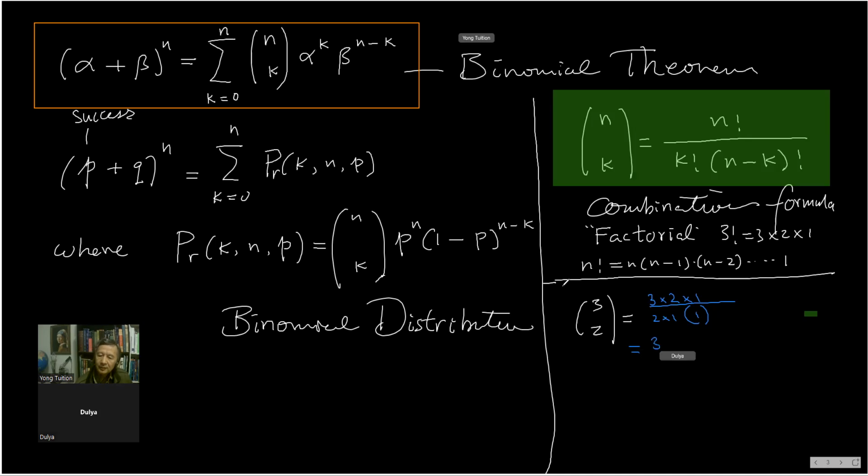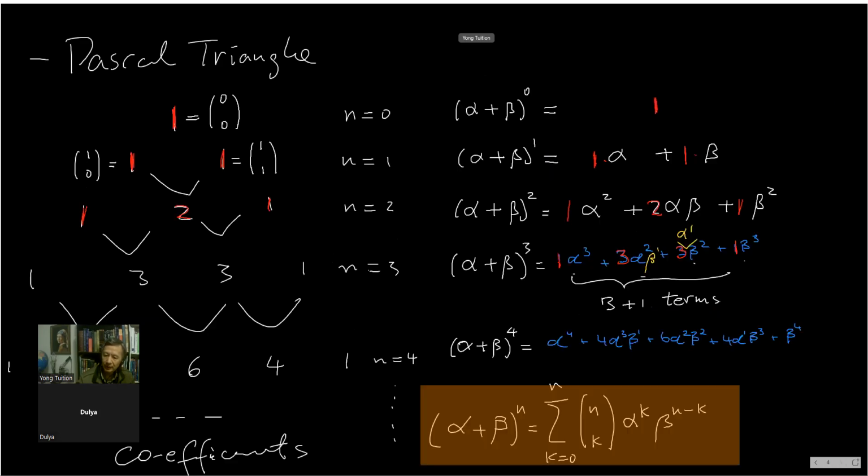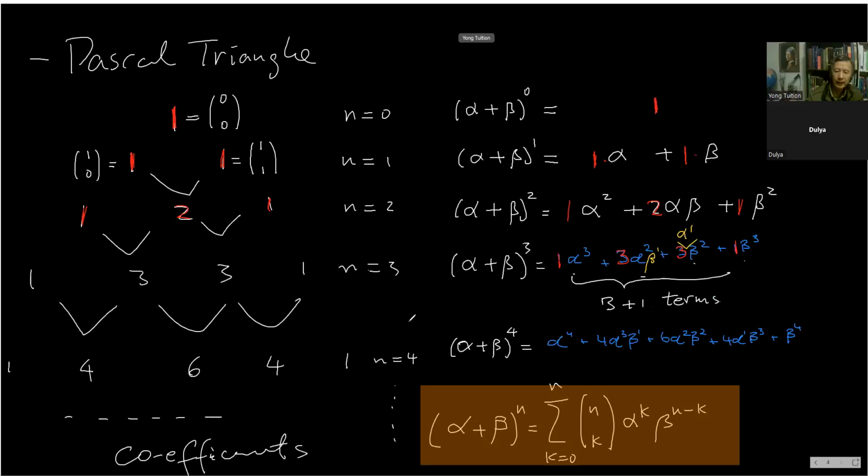It's 3, right? Okay. Let's identify where we got this idea. Where can I find this 3? Tell me, when n equals 3, based on this formula, how many k do we have?